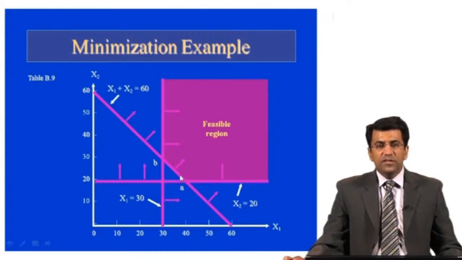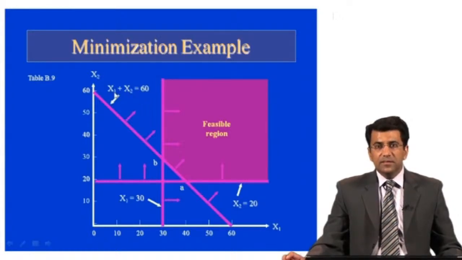Because there is no x1 involved in this line, we will put this value of x2 equal to 20 in this equation. Why will we do it? Because this point is the point of intersection of both of these lines. So by putting x2 equal to 20 in the equation x1 plus x2 is equal to 60, we will get the value of x1 equal to 40.